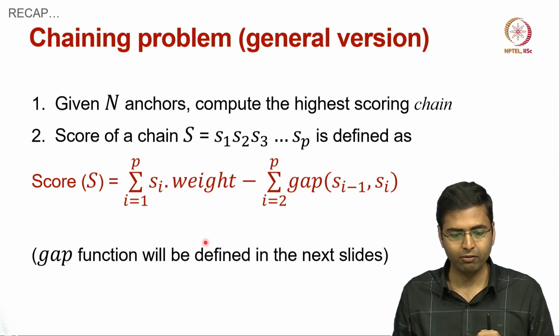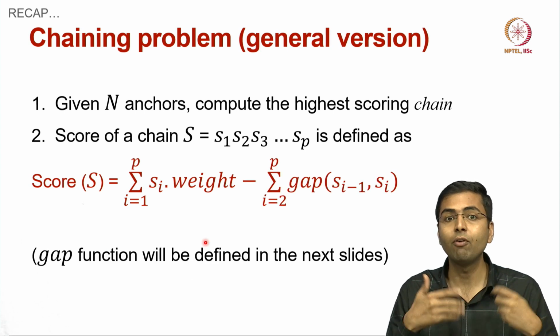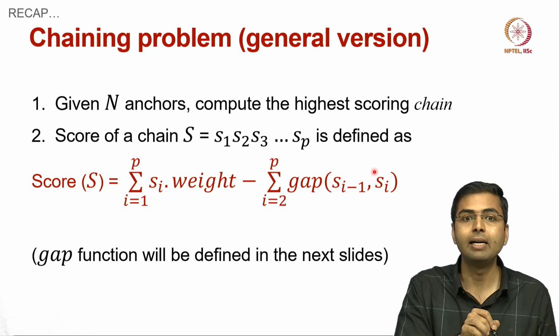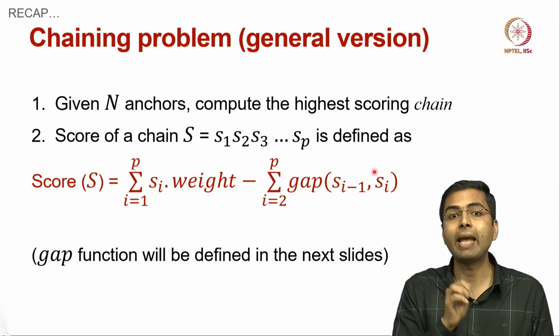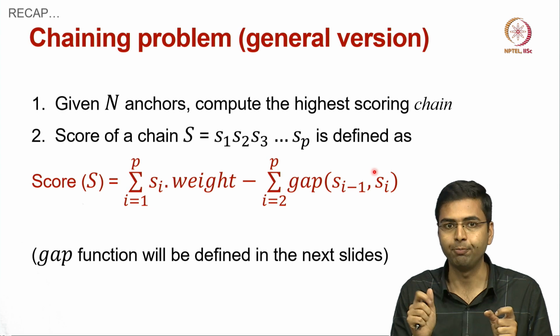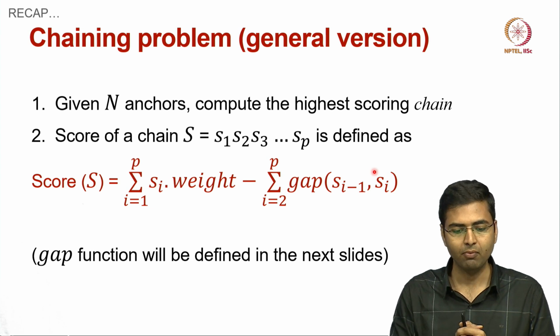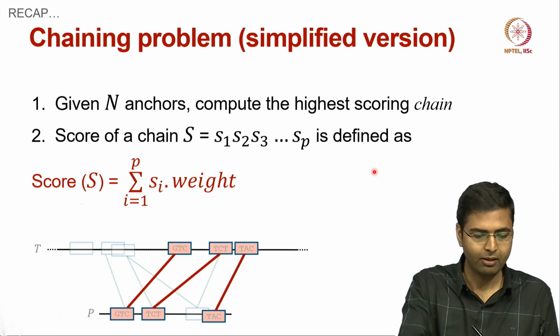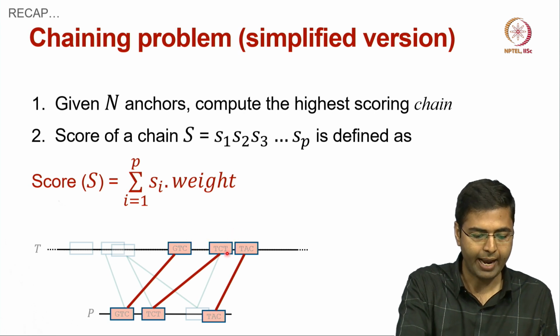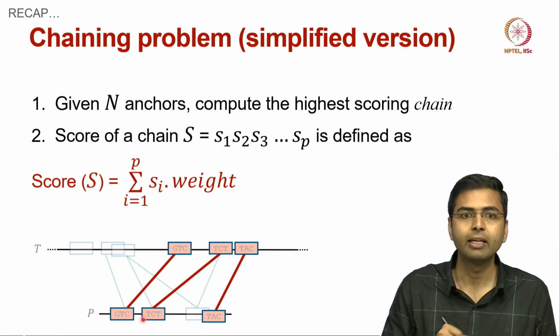So for that we said that we would also consider a general version of the problem, where we would consider gap penalties corresponding to the gaps between every consecutive pair of anchors in a chain. So in this case we are also penalizing the gaps between consecutive anchors in a chain.